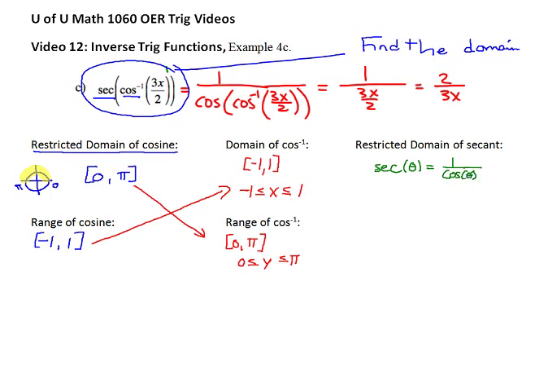So we want cosine of whatever angle it is not to equal 0, because otherwise we're dividing by 0 and that's not good, or not defined.